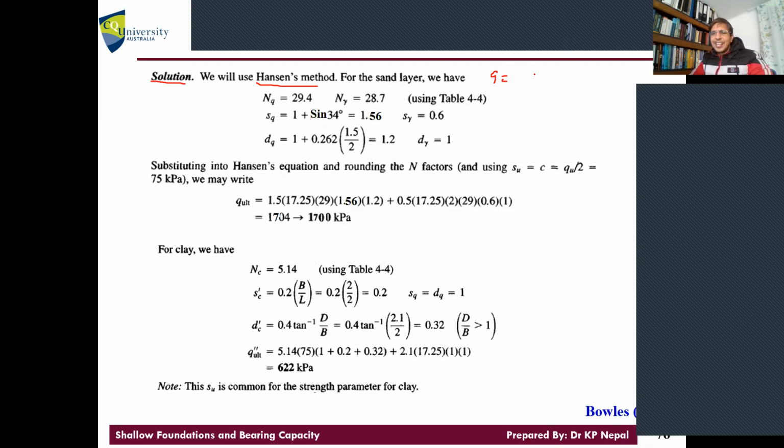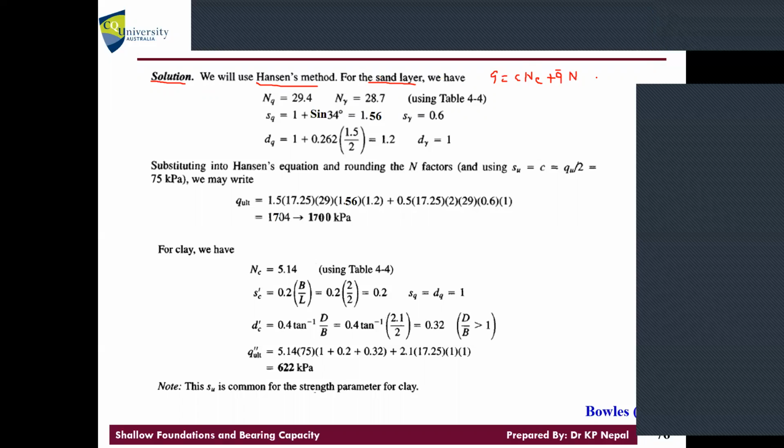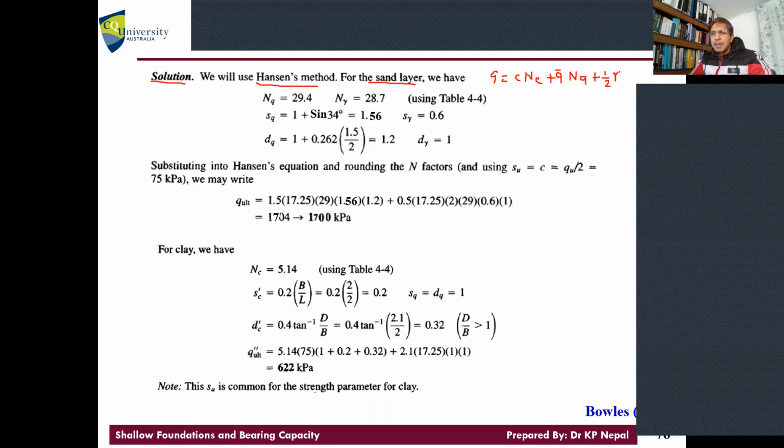So now, can I write c Nc? Of course, that will not be the term for the sand layer. I'm talking about the sand layer, the top layer first. Nc plus q Nq plus one half gamma B N gamma.